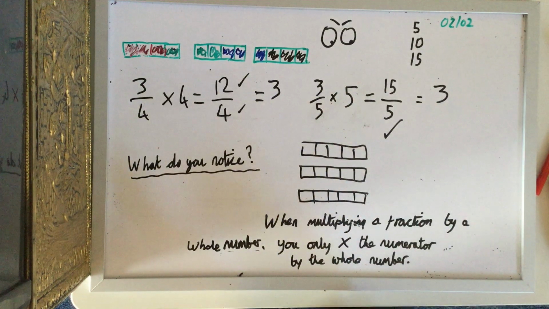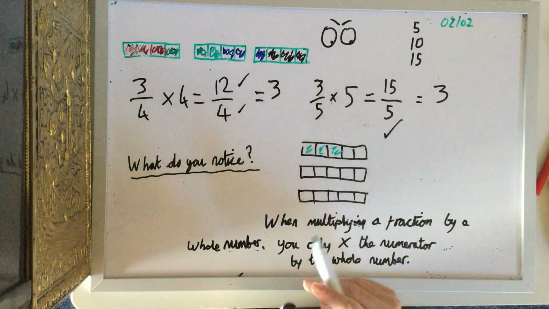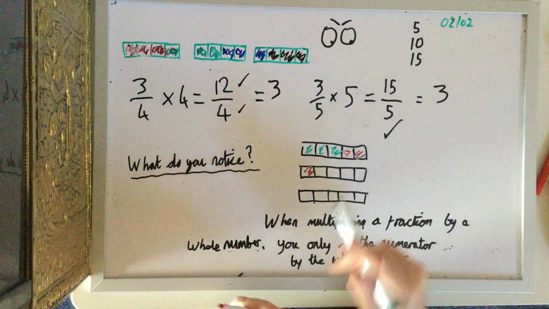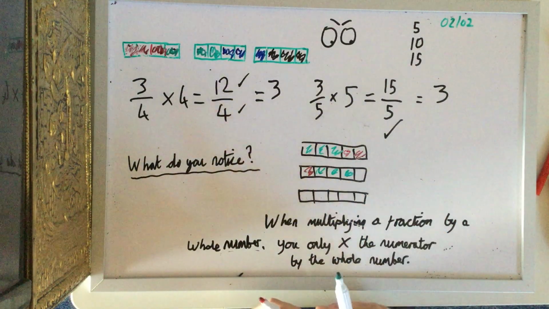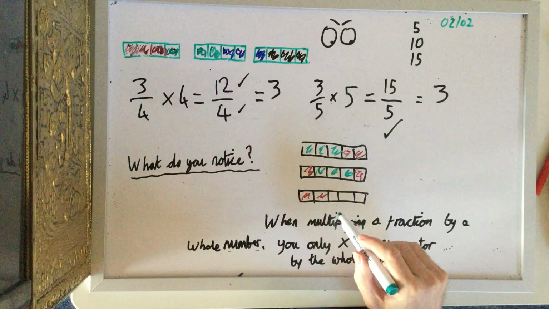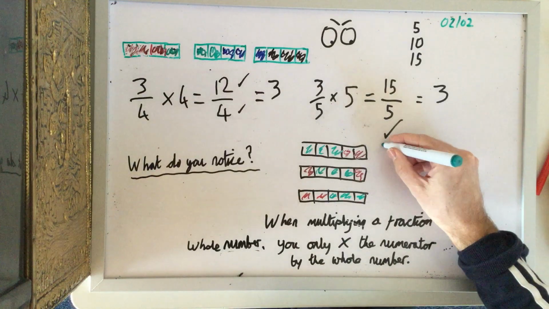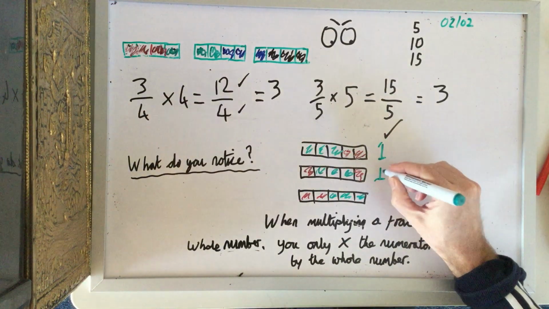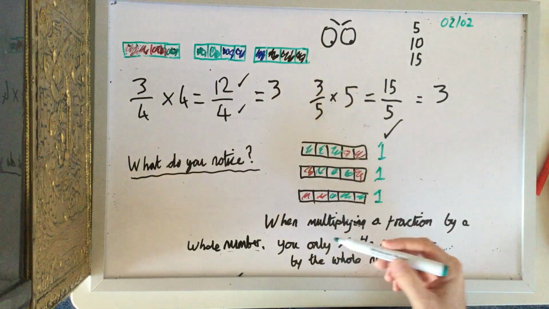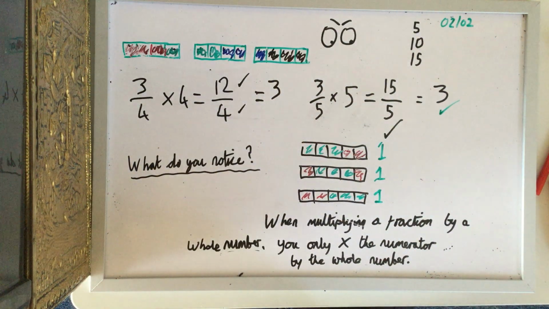If we shade that in as we go, we would have 3 fifths, second lot of 3 fifths, third lot of 3 fifths, fourth lot of 3 fifths. You can see I'm adding 3 each time, and altogether they're 1 whole. So I have 15 fifths there, 5, 10, 15. So 15 fifths is equivalent to 3 wholes.